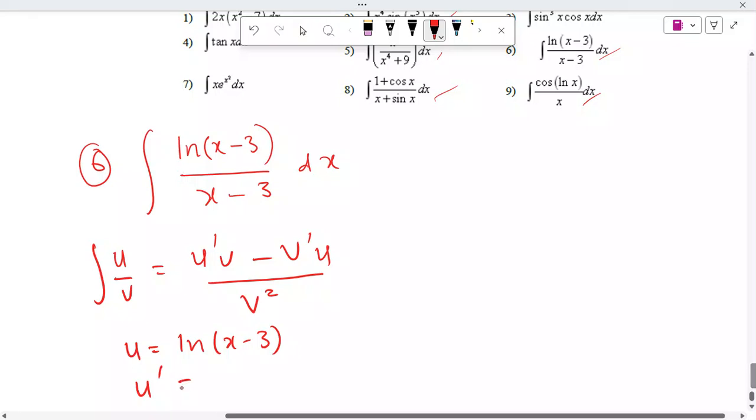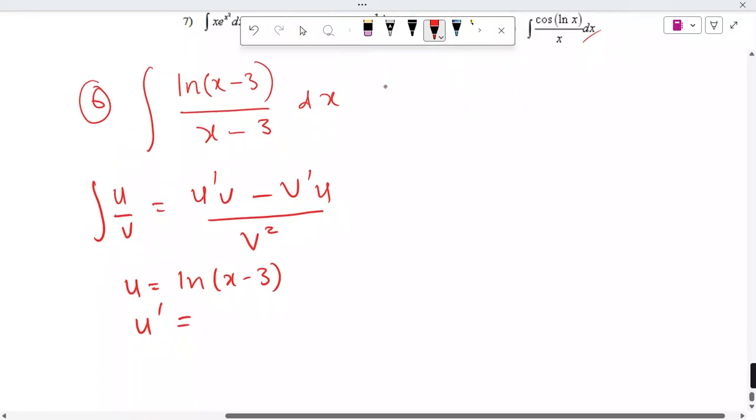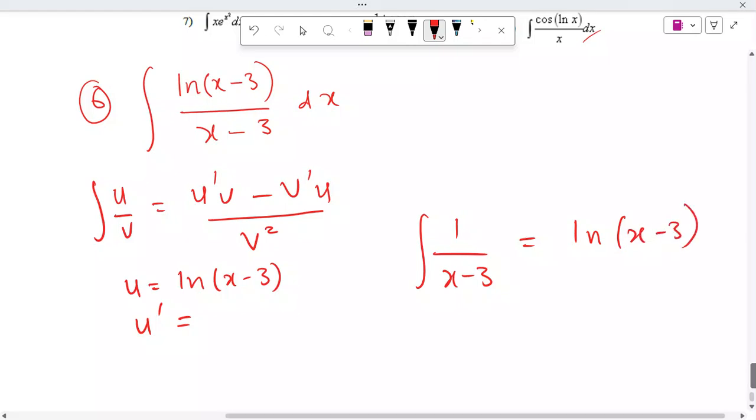So u prime. If you differentiate this one, the derivative of a ln of a linear function. If you remember from partial fractions, we had functions like 1 over x minus 2, and the integral of this is ln x minus 3.